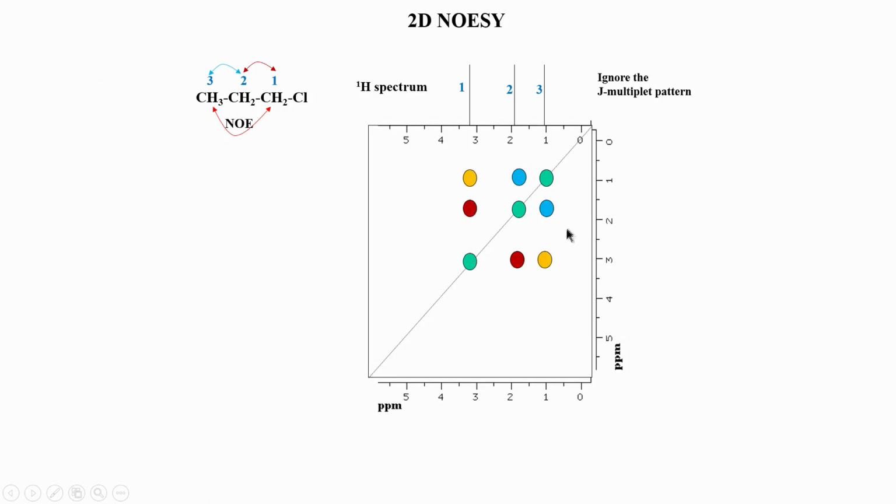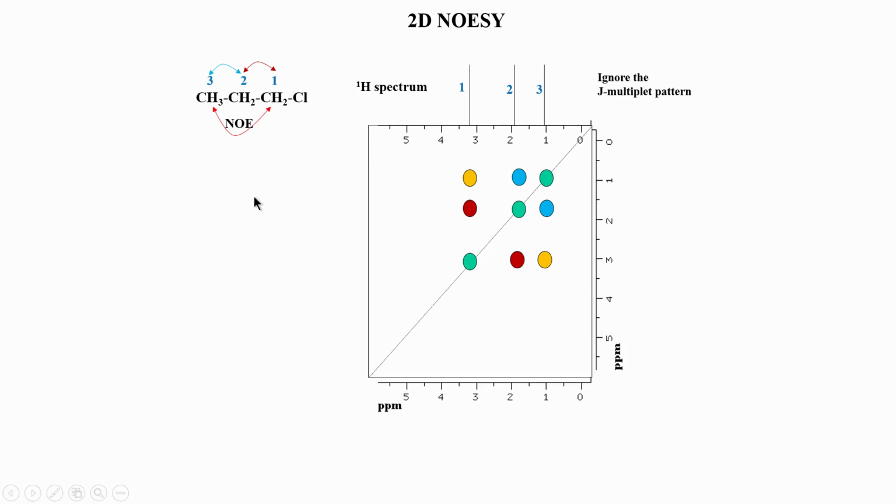TOCSY and NOESY actually look very similar within one molecule. So, if you record a NOESY or a TOCSY of one molecule, let us say in your sample, and this is a small molecule where all the protons are within 5 to 6 angstroms, you will not see a big difference between TOCSY and NOESY. But if you go to a larger molecule such as a protein or biomolecule, as I showed in the previous class, two protons may be very close in space, but they may be very far in the sequence.